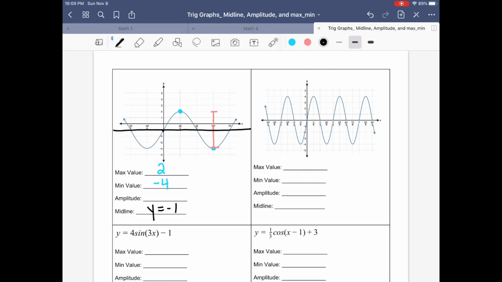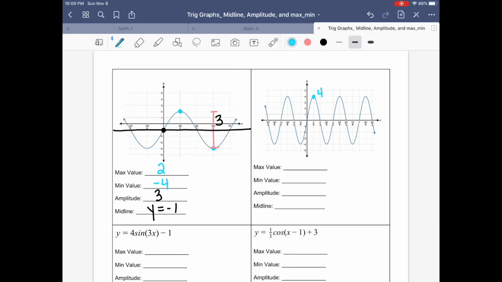So my midline is at y equals -1. That is not always the case. We may have a different midline depending on the equation. I'll show you how to tell by the equation in the next few problems. So if my distance from wave crest to wave trough is 6, half of that is 3, so my amplitude is 3.